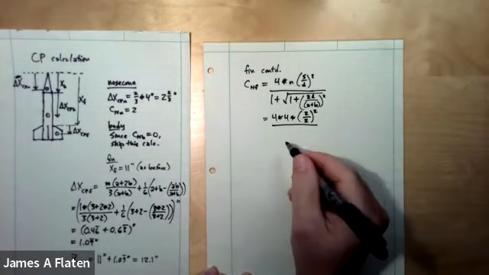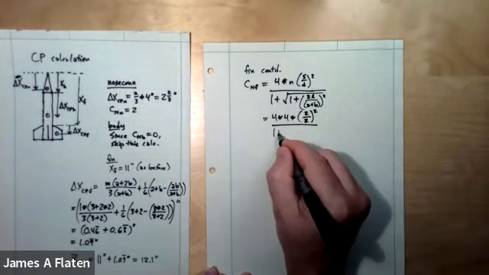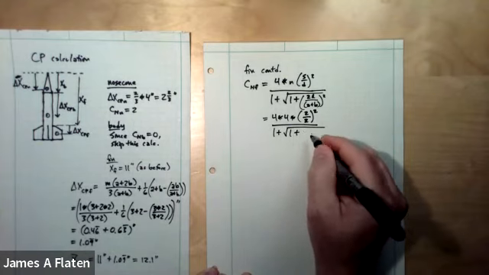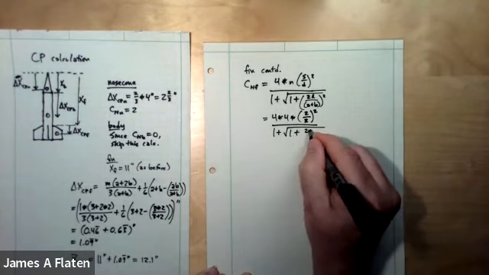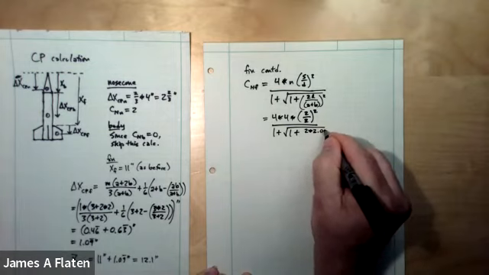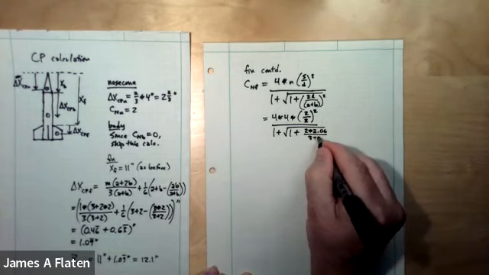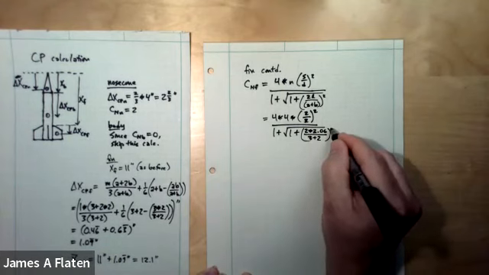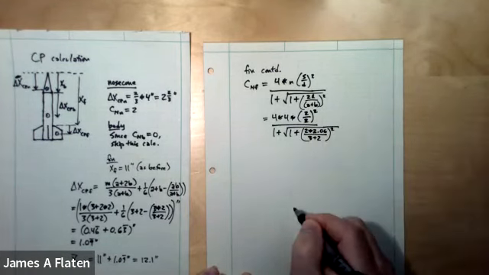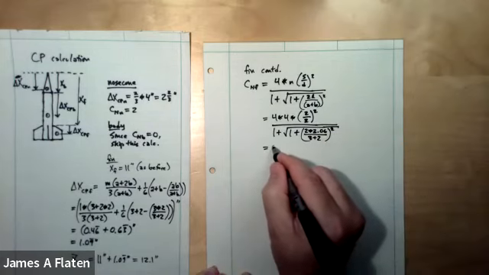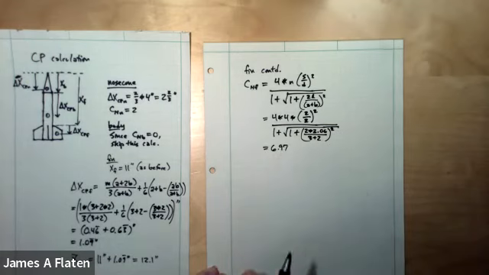Ultimately, this is going to be a unitless number. 1 plus square root of 1 plus 2 times 2.06, that's L, divided by 3 plus 2. You just square that, add 1, and then take the square root. Run the numbers, 6.97.